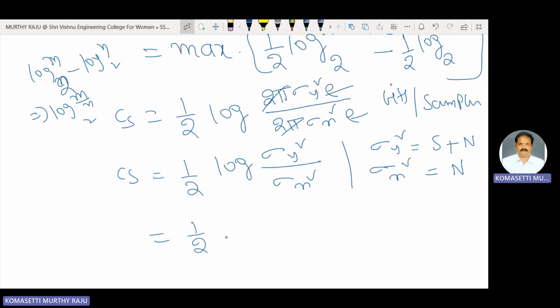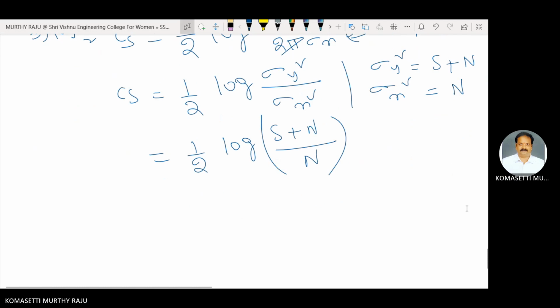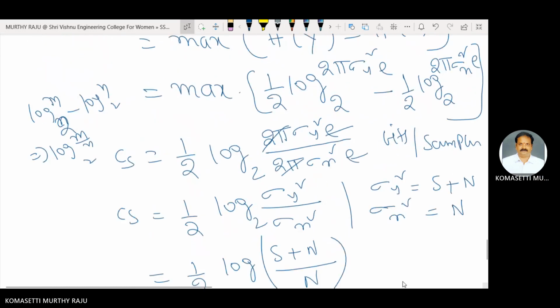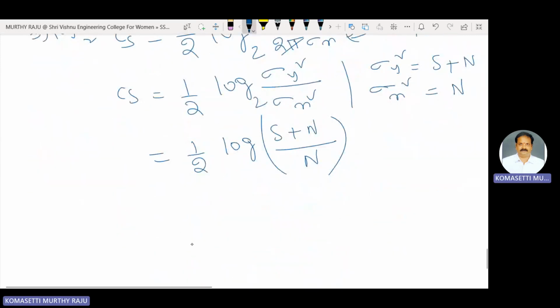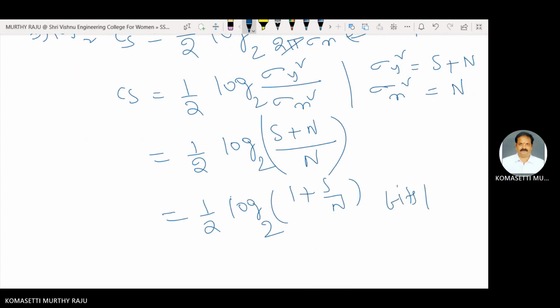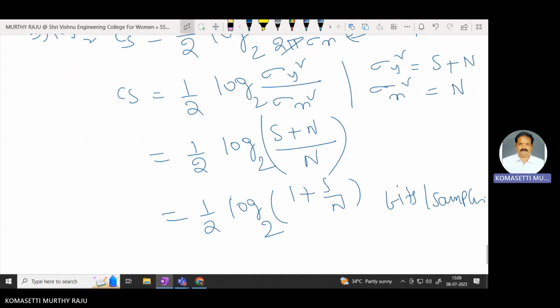CS is equal to 1 by 2 log (sigma y square is S plus N) by (sigma n square is N) to the base 2. That is equal to 1 by 2 log 1 plus S by N to the base 2 bits per sample. This is the CS.